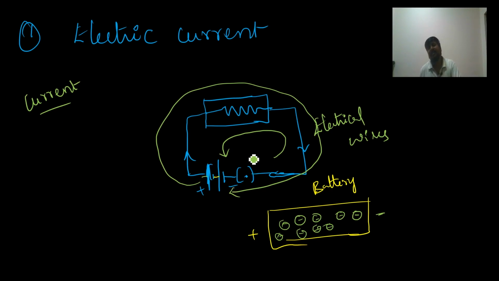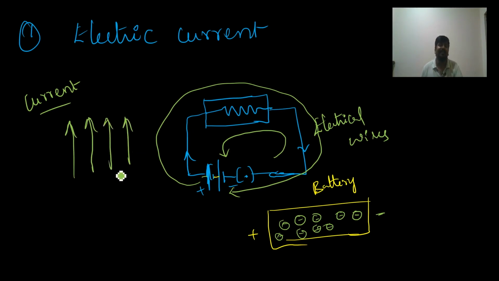But actually the electrons are moving from negative terminal to positive terminal. So even in a problem, if they say the electron beam is moving like this, that is nothing but electrons moving.